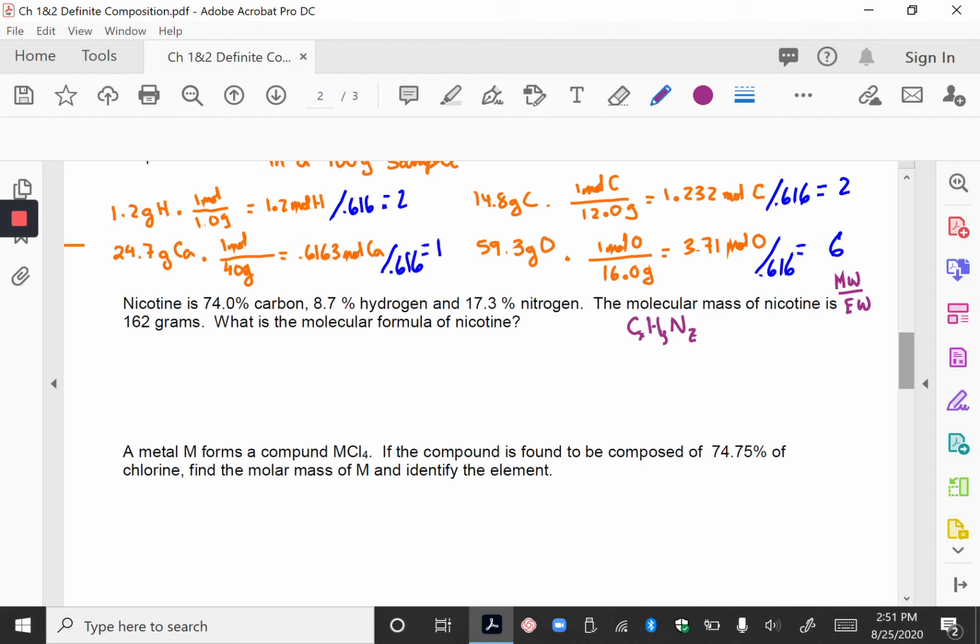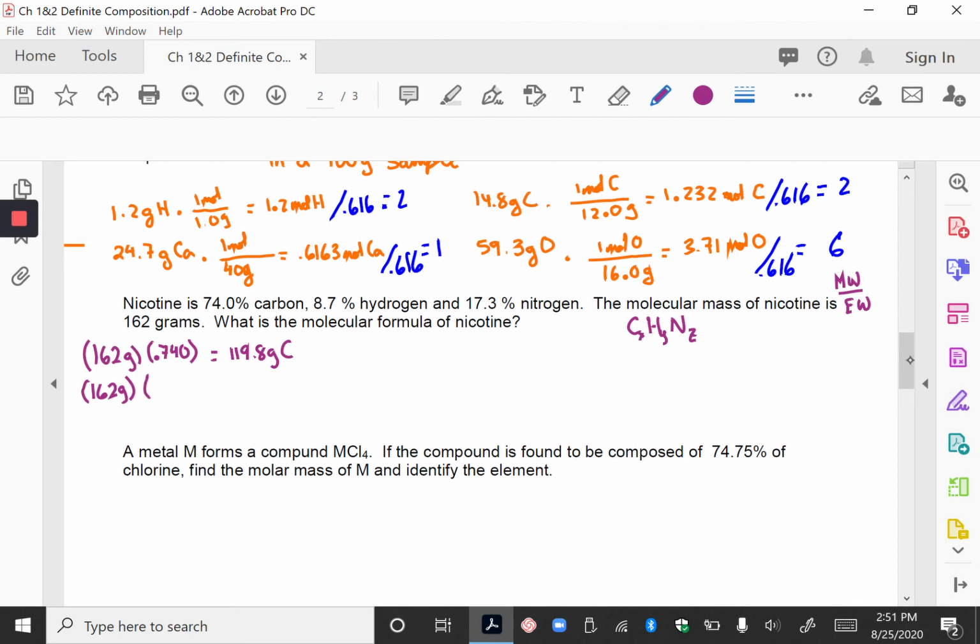So I'm going to say I have 162 total grams, and it is 0.740, 74% carbon. So that gives me 119.8 grams of carbon. We'll do the same thing for the hydrogen.